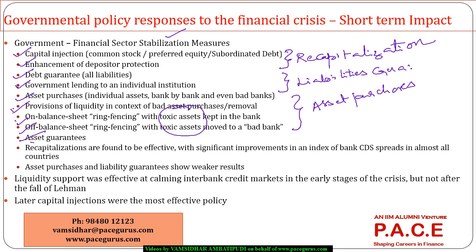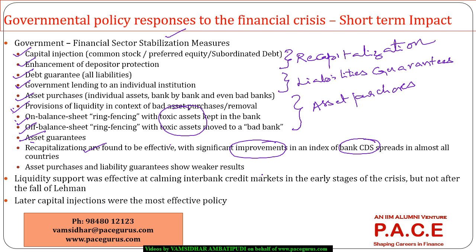So if you look at these three broad headers under which the government has provided stabilization measures, we see that the recapitalizations were effective, especially the capital that they have injected. So there were significant improvements in the index of bank CDS spreads, almost all countries.